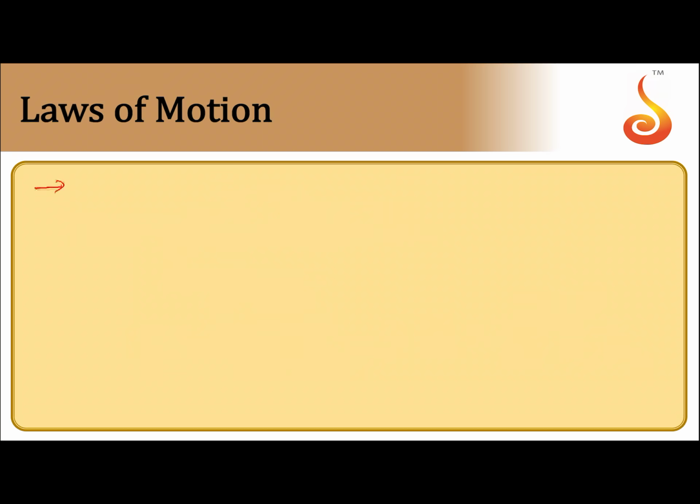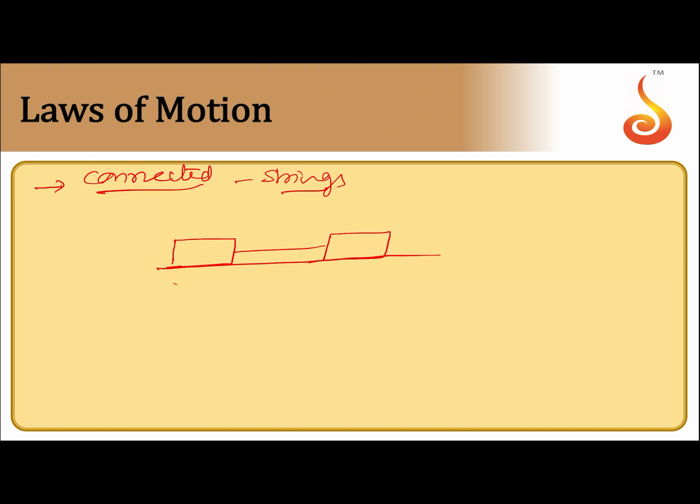Let us consider connected bodies again, this time with strings, not in contact but with strings. For example, I am considering this case of two blocks connected by a string. Masses are m1 and m2, and I am applying a force F, and the entire system accelerates towards right with an acceleration a, and T is the tension in the string.